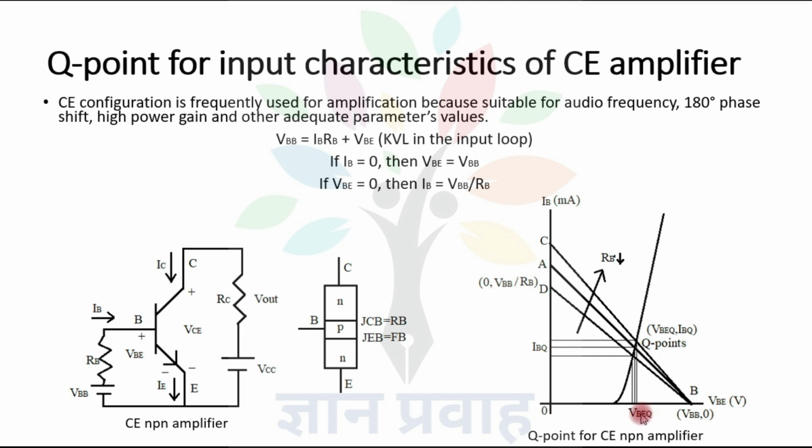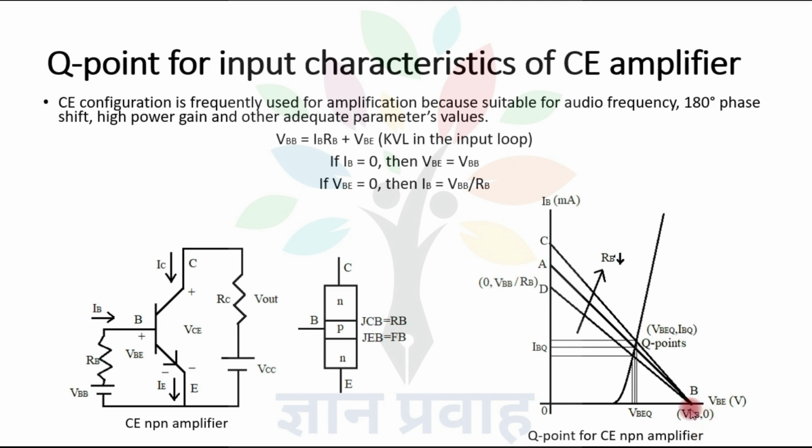So these are the Q point biasing voltage and Q point biasing current. So by providing these voltage and current values to any electronic device before applying the input signal, we can get proper output without any distortion, and this device will be operating in the desired region.